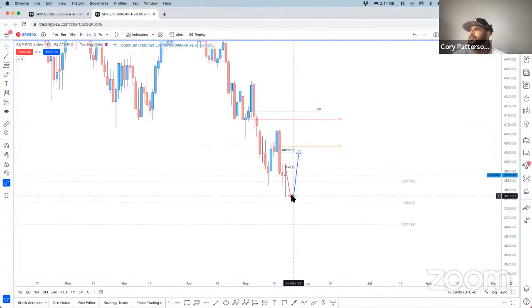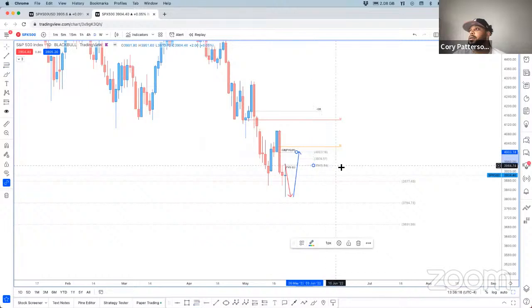We can say if we do go up at any point, we can be trading back to these levels of price: 39.45, 39.74, and 40, basically 4,000, right?